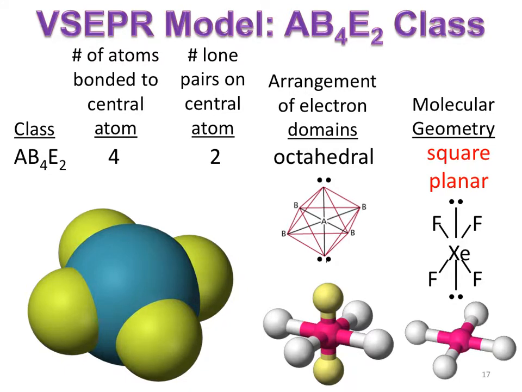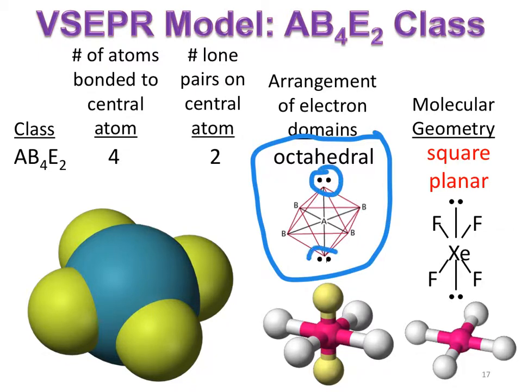Our final 6 domain system is the AB4E2 class. It has 4 bonded atoms and 2 lone pairs with 6 total domains. This one is octahedral. The lone pairs are placed opposite each other. Here we're placing them on the top and the bottom. The result is a square planar system.